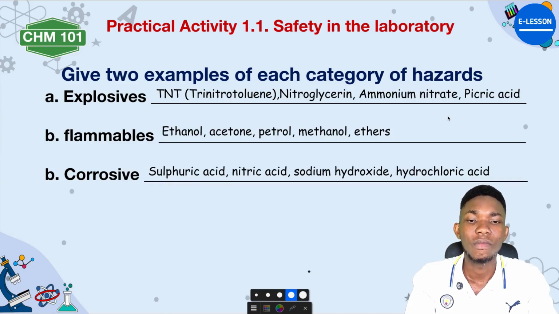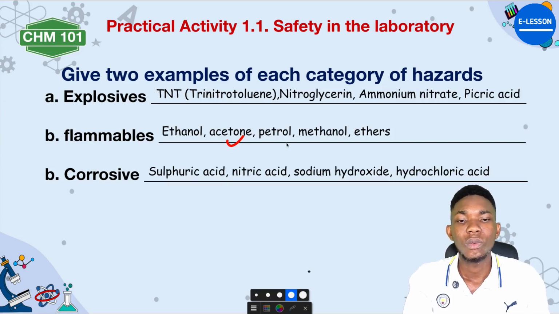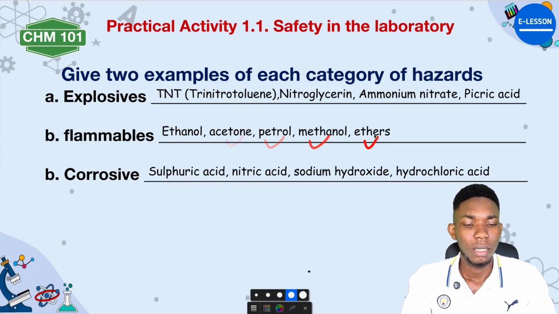Most of their trucks and even the walls of the petrol station say highly flammable. Are you getting it? So all petrol materials, crude oil, they are highly flammable. So examples of flammables we have in the laboratory are ethanol, acetone, petrol, methanol, and then ether. Is that okay?